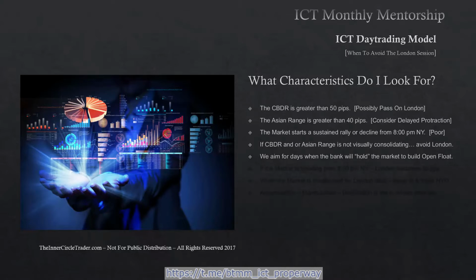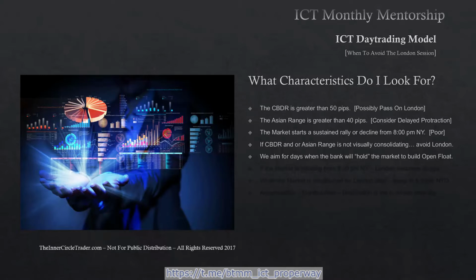Now, as day traders, we're going to be aiming for days when the banks will hold the market to build open float. And again, that builds on the idea of the previous point. When we anticipate the banks holding the market in a small, tight consolidation, they're allowing orders to build above and below the intraday high that's being formed between the Asian range open and the Asian range close at midnight.